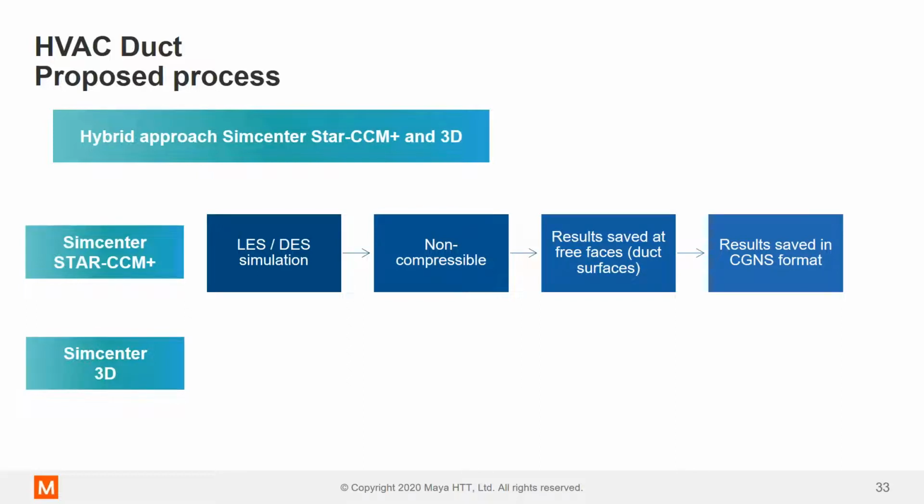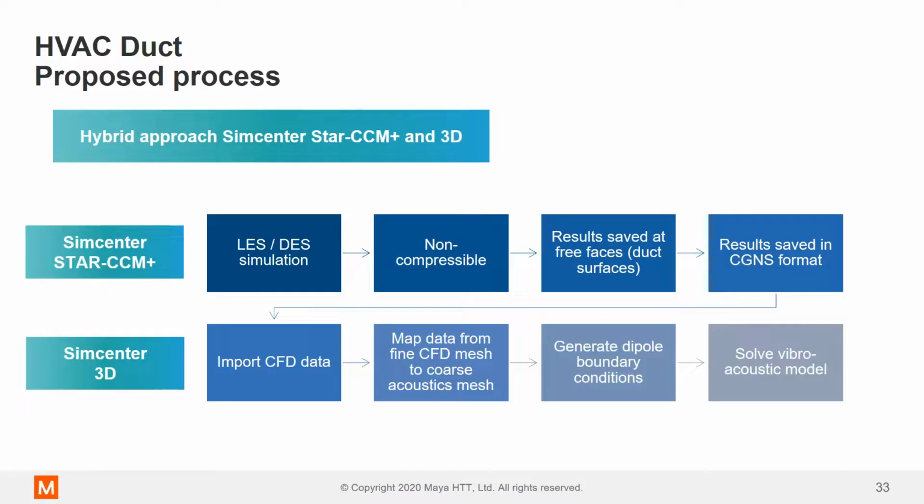You can use an incompressible flow just to save time. Then we capture the pressure fluctuations on the surfaces of that given body, and export that into a CGNS format. The idea of exporting into CGNS is so that we can import it into Simcenter 3D and map it onto the acoustic mesh.